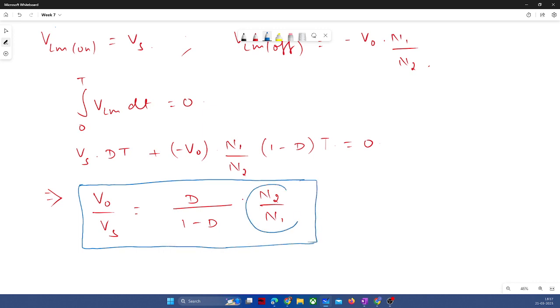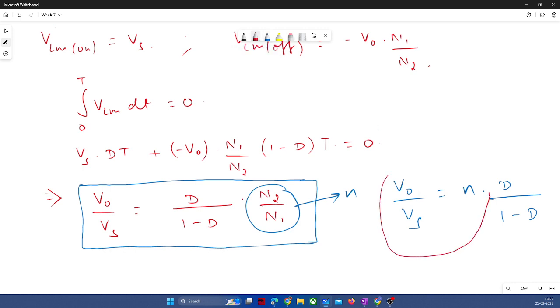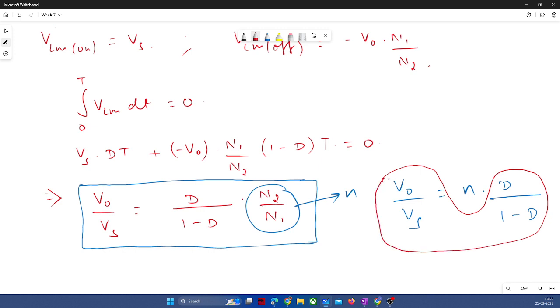And this N2 by N1 generally we refer to as the turns ratio. So let's say V naught by Vs is equal to N into D by 1 minus D. This much relationship, I think it is familiar to us. Only one additional parameter N is introduced because of the transformer turns ratio.